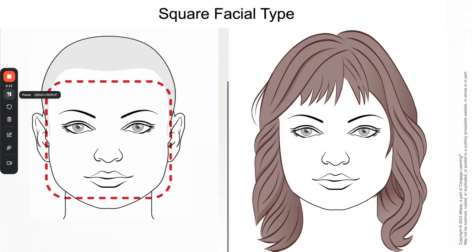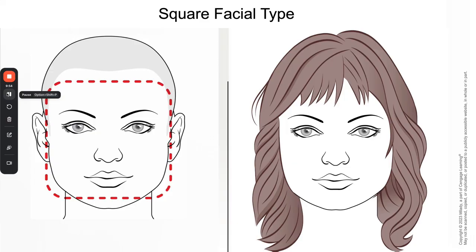Okay, so next up we have the square facial type. So flatter square facial types by including the following considerations to your hair design. So in terms of the facial contour, they are wider at the temples. They are narrow at the middle third of their face, and they have a squared off jaw.